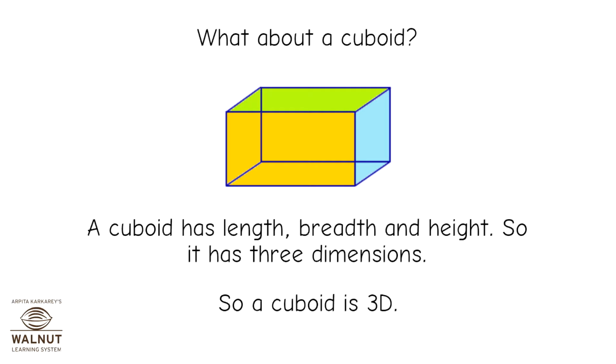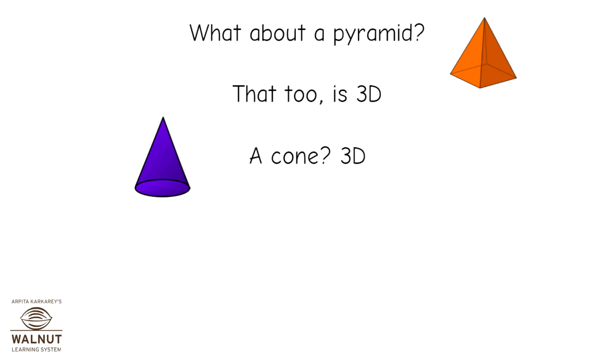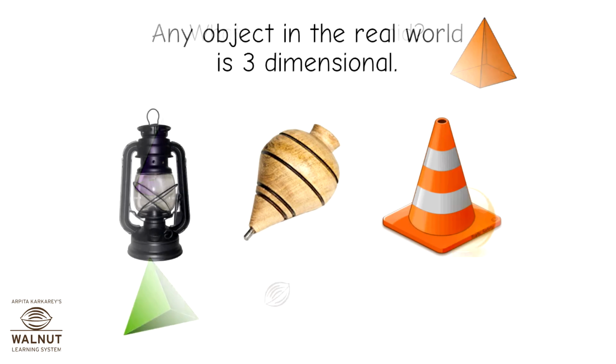So, a cuboid is 3D. What about a pyramid? That too is 3D. A cone? 3D. A sphere? 3D. A tetrahedron? 3D. Any object in the real world is 3-dimensional.